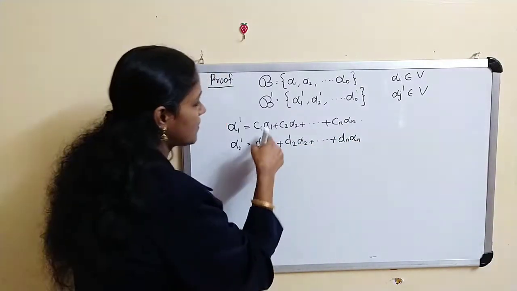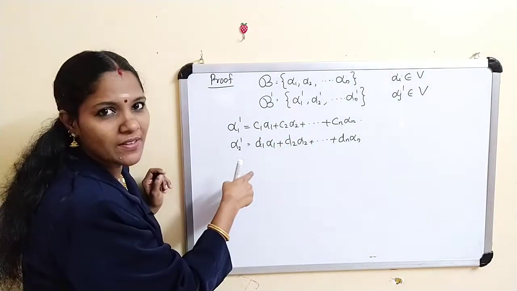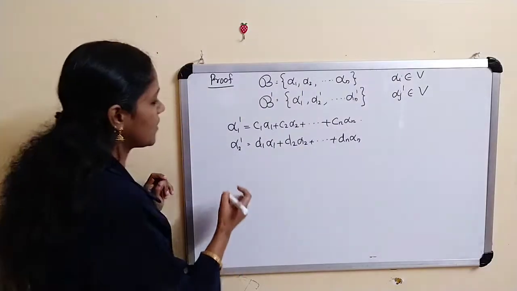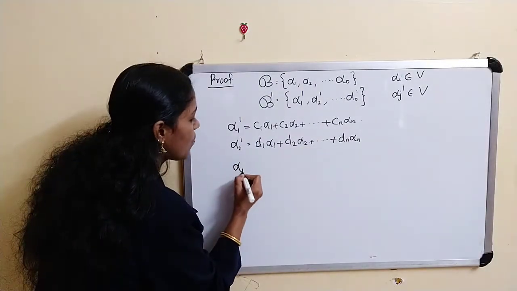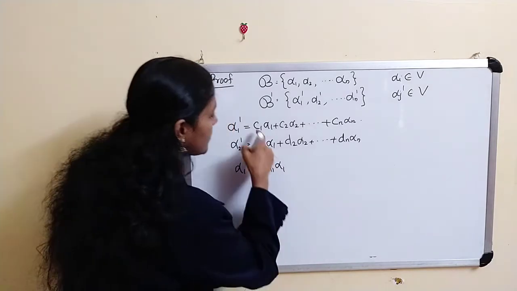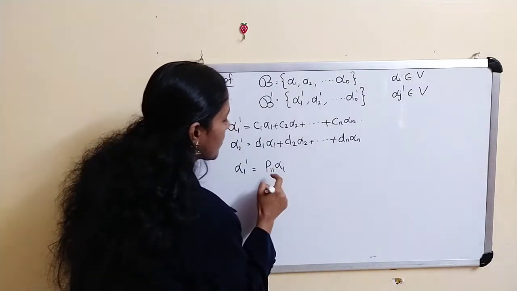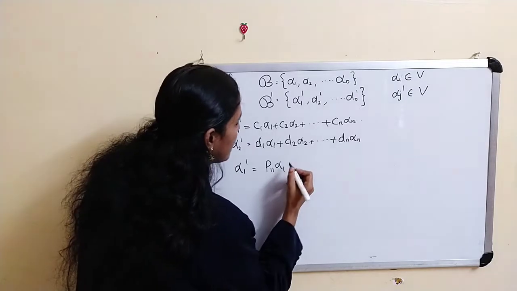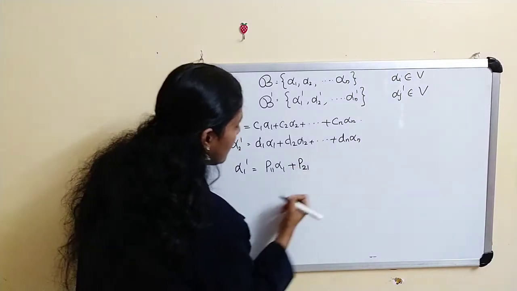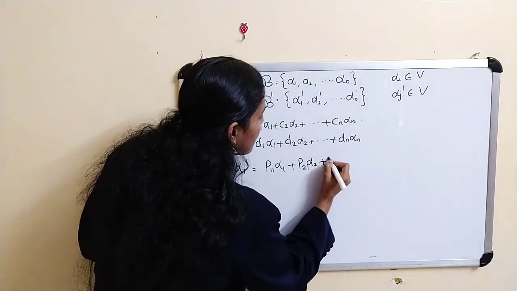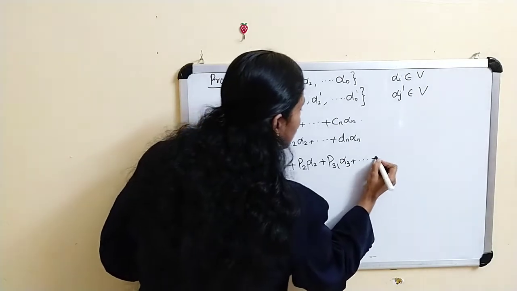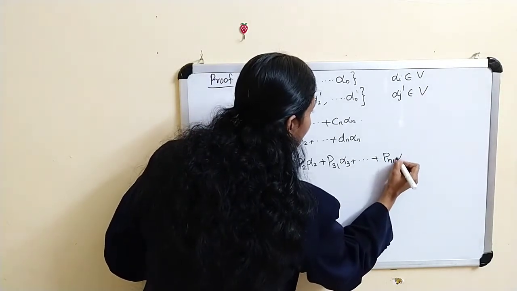But this notation is a slight bit difficult, so for this I am replacing the notation. Alpha 1 dash is equal to P11 alpha 1, for the Ci's I am replacing by Pi1's, plus P21 alpha 2 plus P31 alpha 3 plus etc. plus Pn1 alpha n.